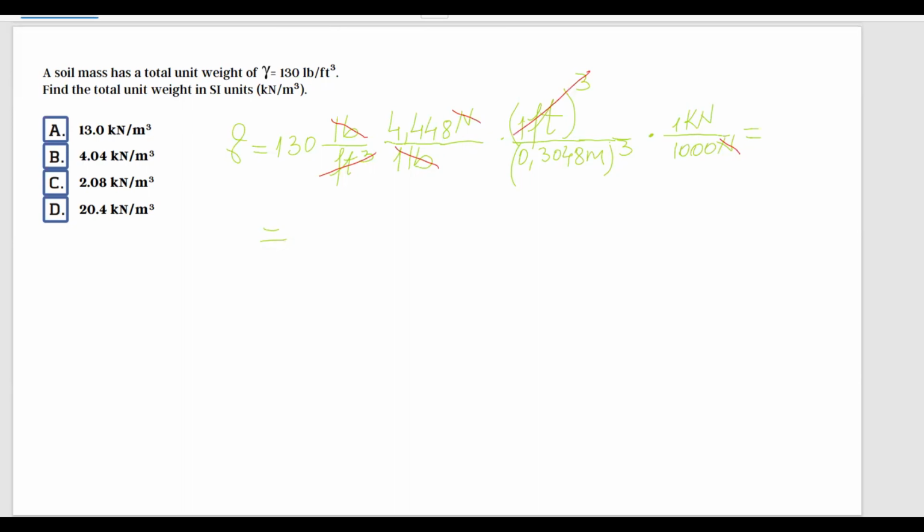There you go. So I'm getting a value of 20.42 kilonewtons over meters cubed. It seems that the correct answer is D.